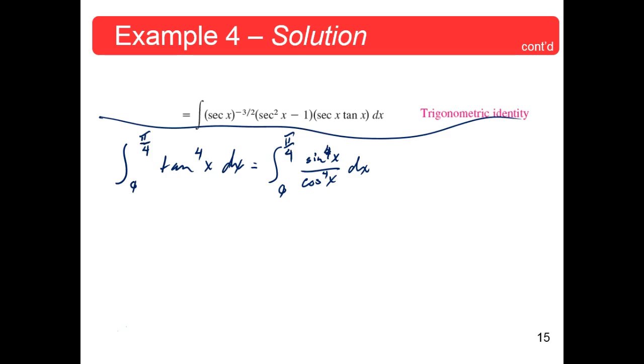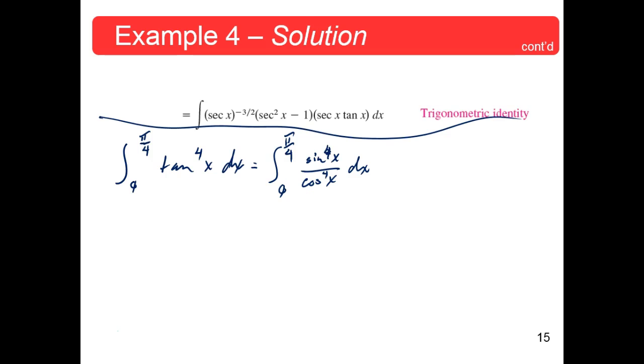So I'm not sure that would help us either. These are all things to knock around and see if anything pops out at you. Two of those sines you could change, since sine squared is 1 minus cosine squared, but you still have another sine that you can't do anything with.